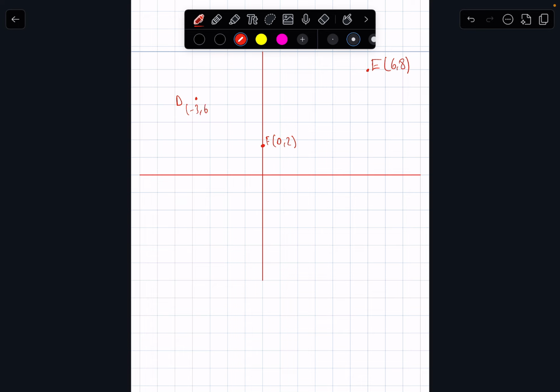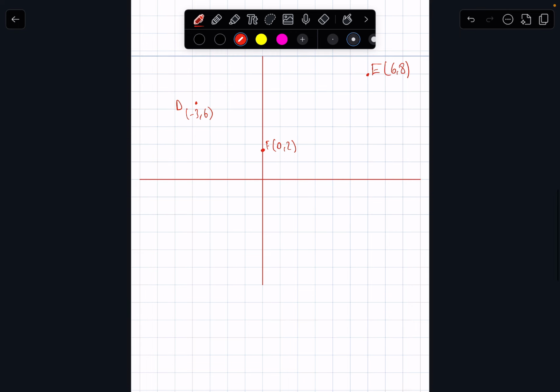Negative 3 to 6. Okay. So we want to find the distance in between these points. So how are we gonna do it? It's easy.